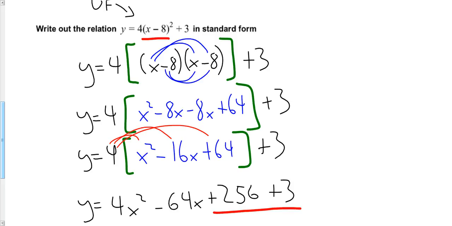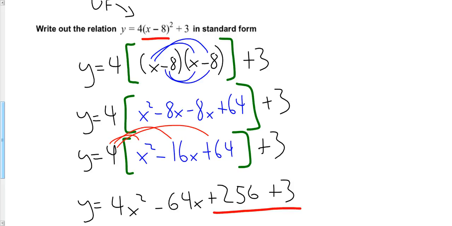We multiplied those two things together, and in this green bracket in the middle, we got x squared minus 16x plus 64. You'll notice on either side of the green brackets, the numbers haven't changed because we hadn't dealt with them. The multiplied by 4 and the positive 3 at the beginning and end of the equation are still in play.